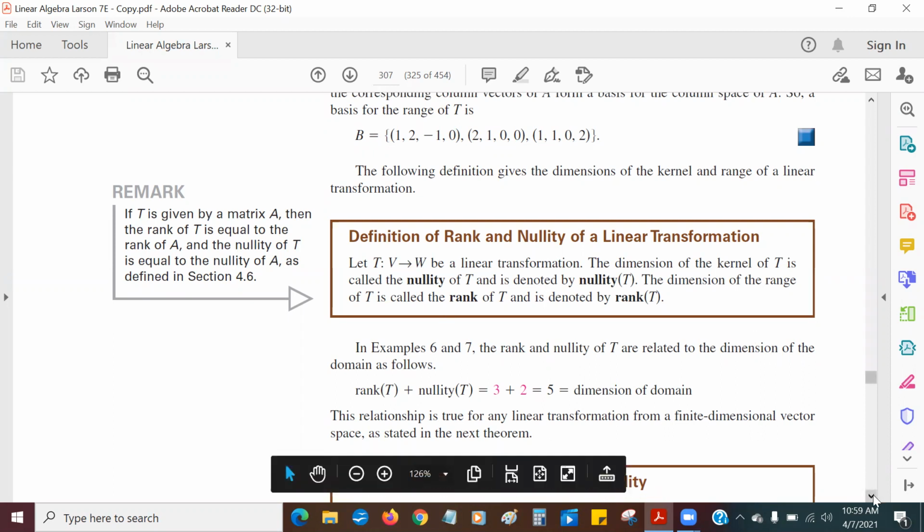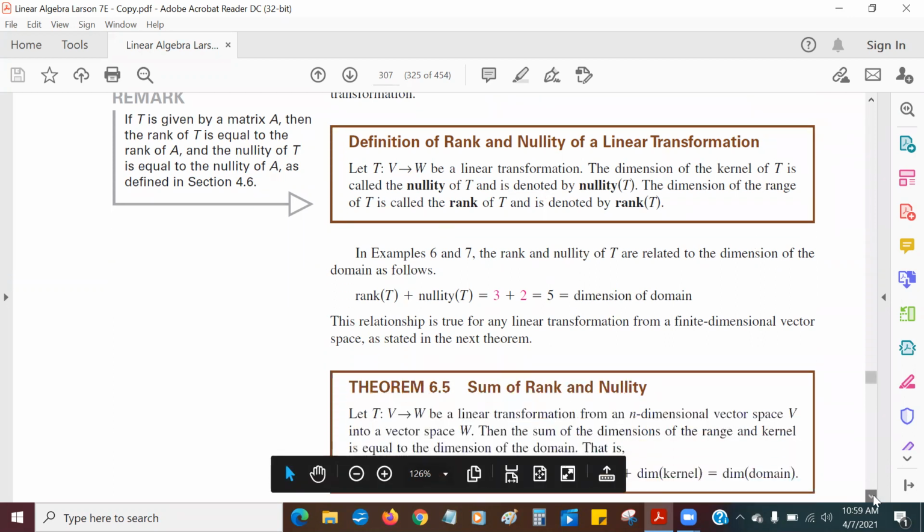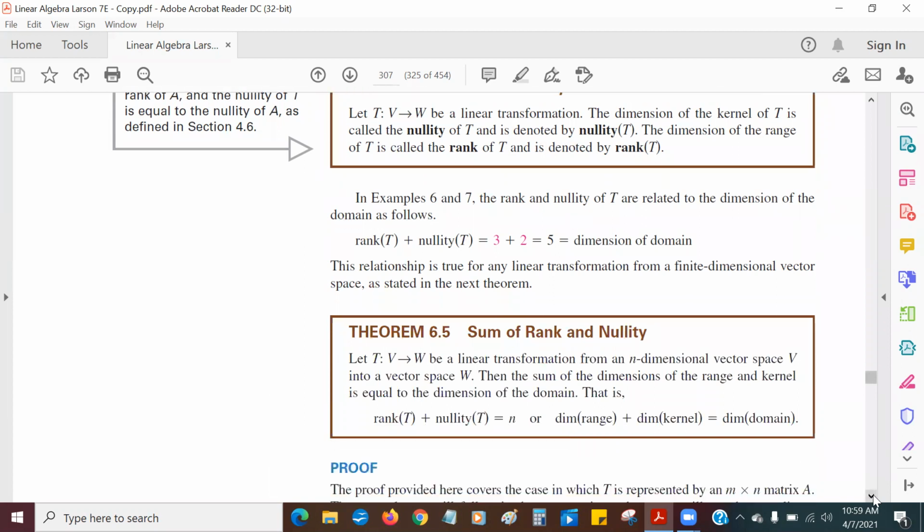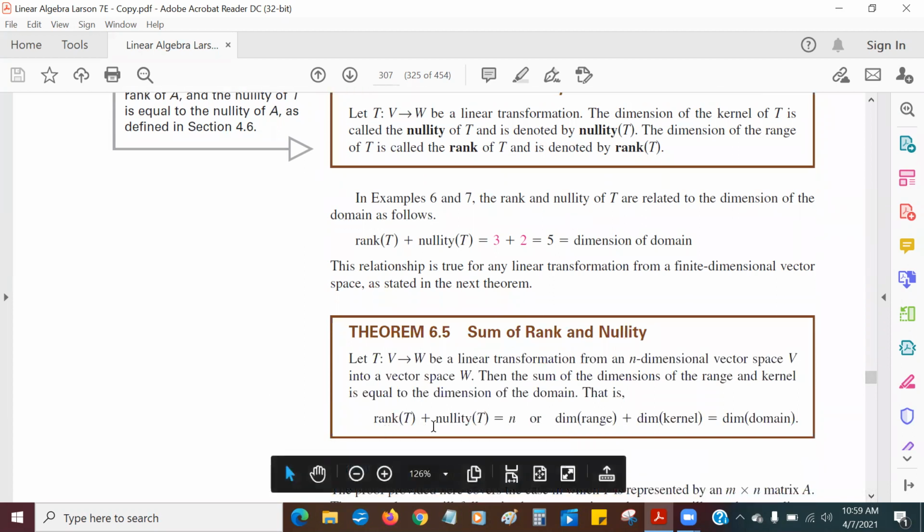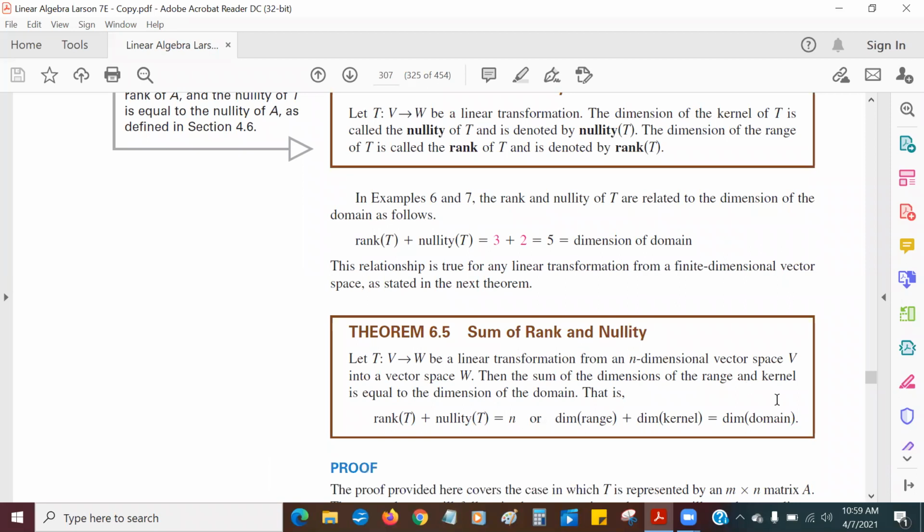So the sum of the rank plus the nullity is equal to n, where n is the dimension of the vector space, and of course that's also the number of columns.